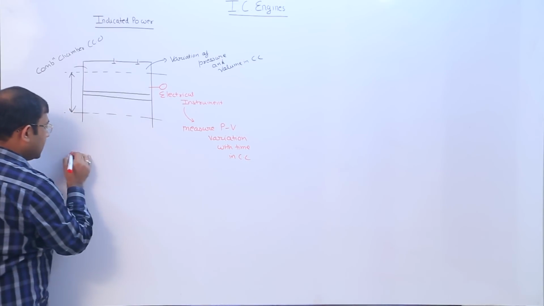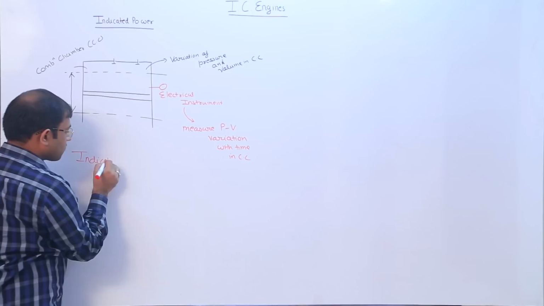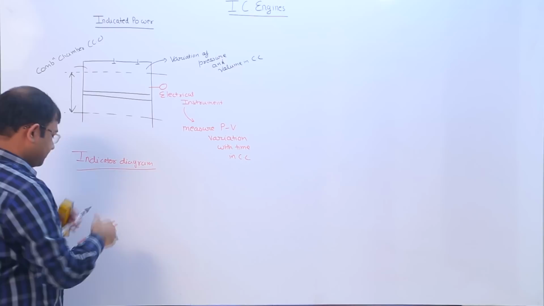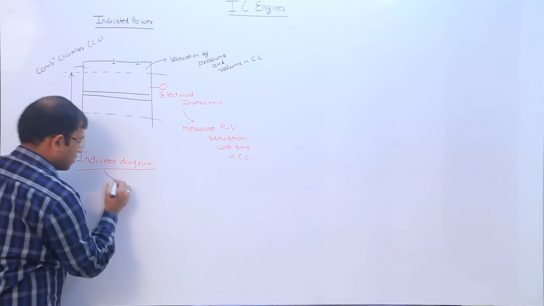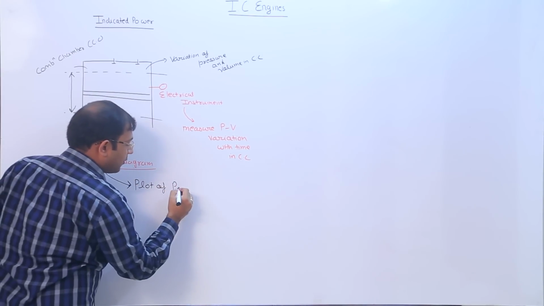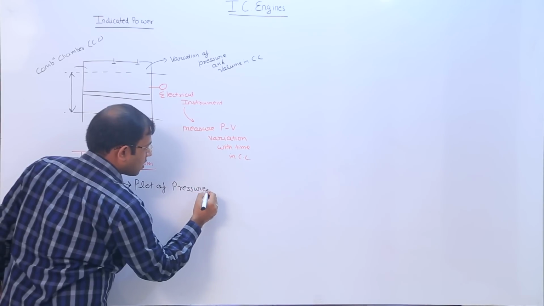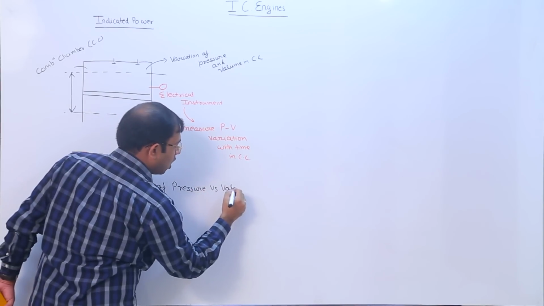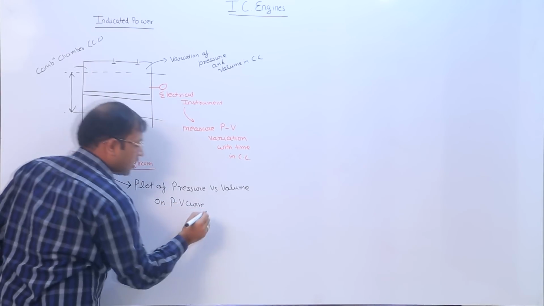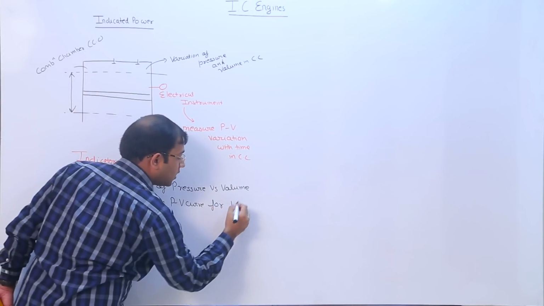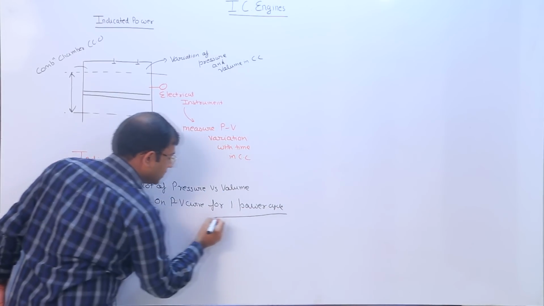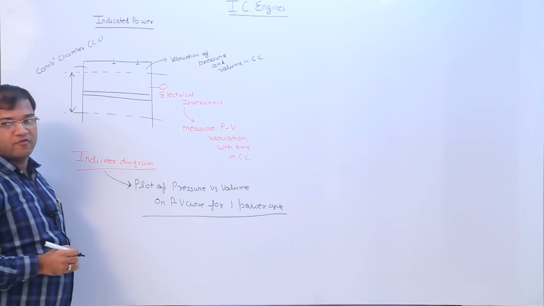So indicator diagram is nothing but a plot of pressure versus volume on PV curve for one power cycle. This is nothing but our indicator diagram.